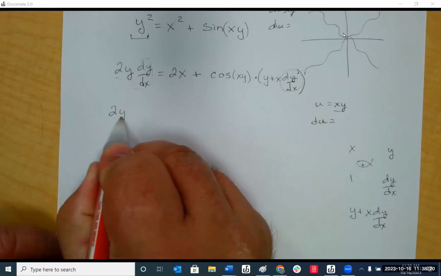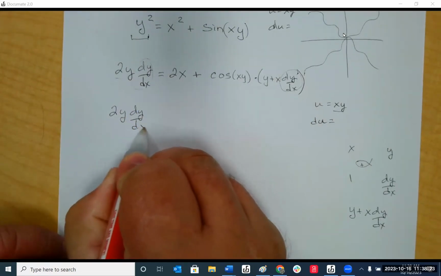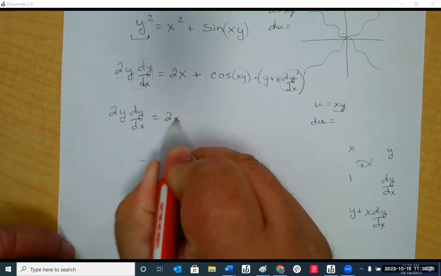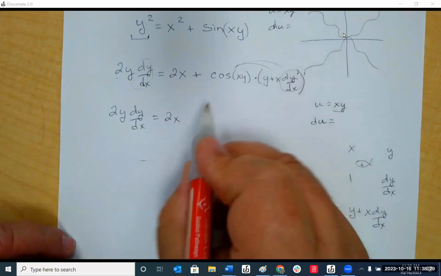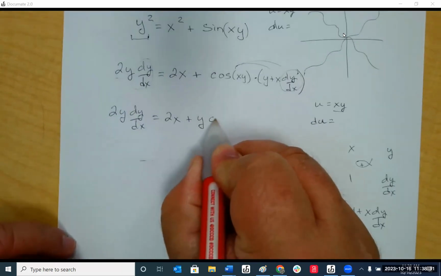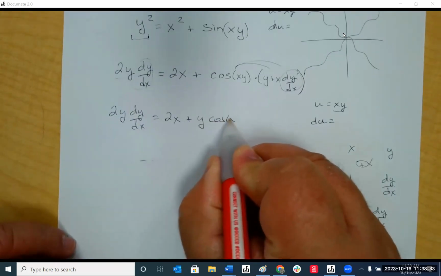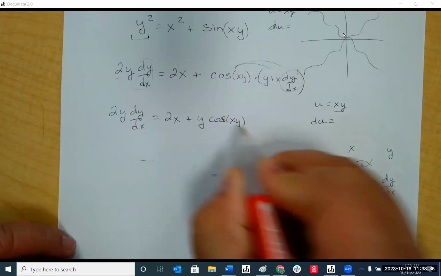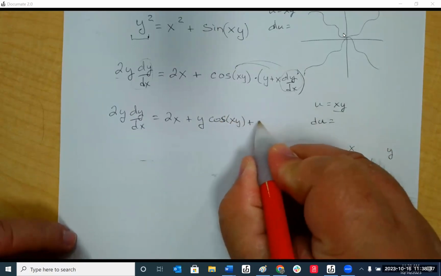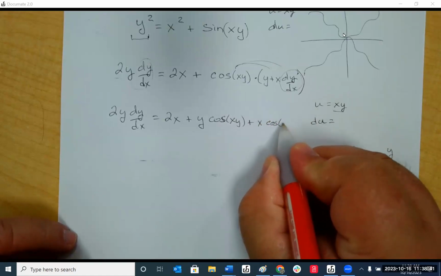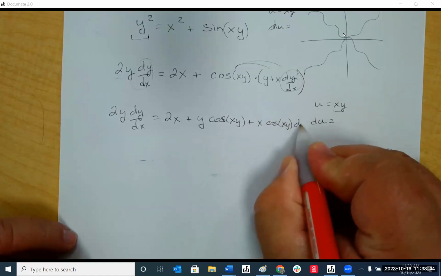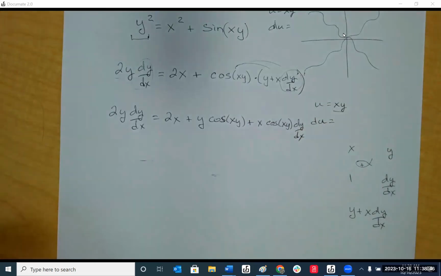So we have 2y dy dx equals 2x, since this is multiplied, plus y cosine xy plus x cosine xy dy dx.